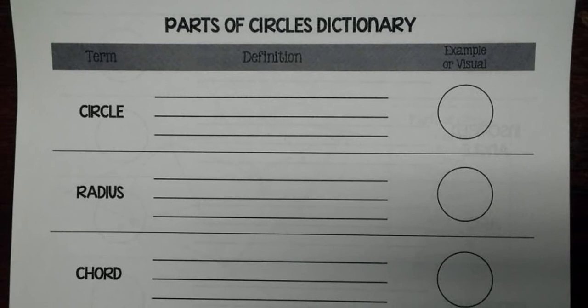Okay, so today we are starting a new unit over circles. We're just going to go over several different vocabulary words for circles, and we're going to create our dictionary. So our first term is circle, of course.